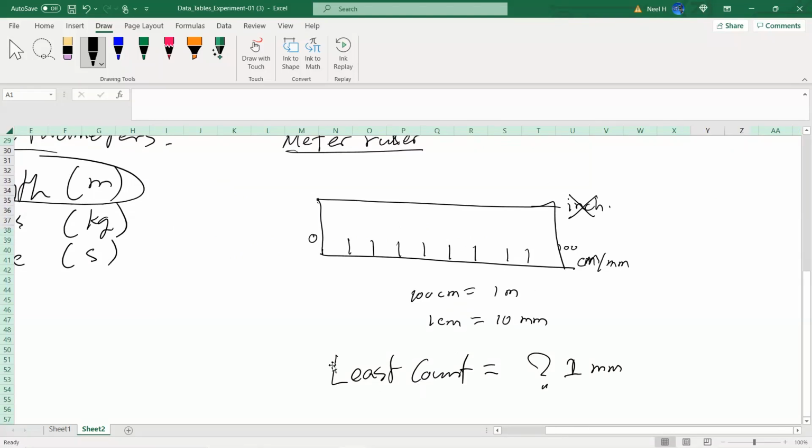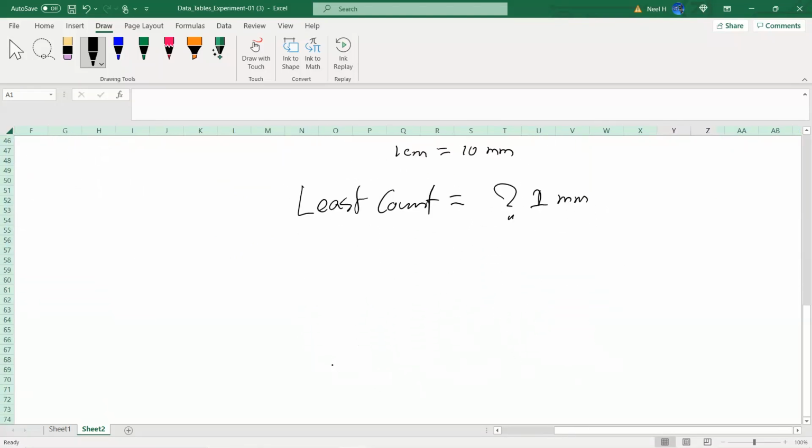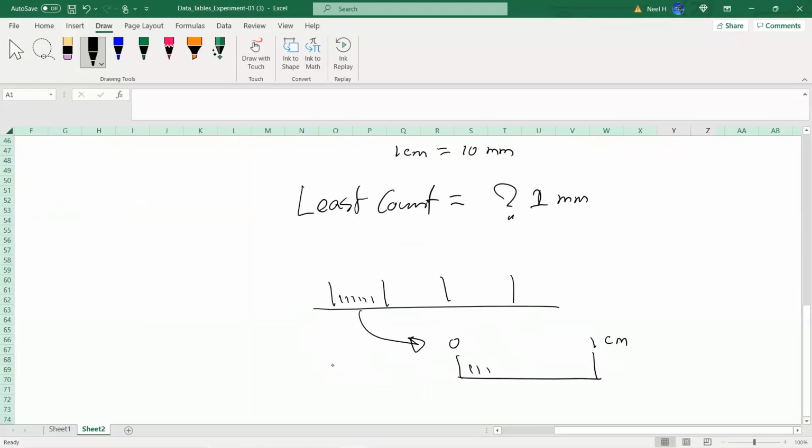Now let's say I have a meter ruler here. A meter ruler has centimeter and millimeter lines, right? So each centimeter is subdivided into 10 segments. If I zoom in, let's consider this is a 1 centimeter line, the 0 to 1 centimeter segment, subdivided into 10 small sections.